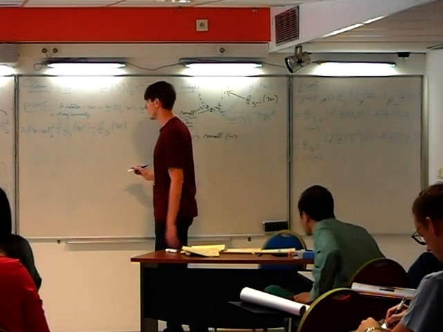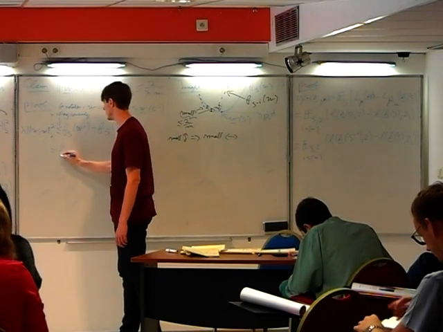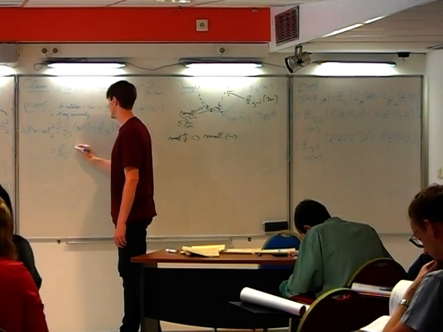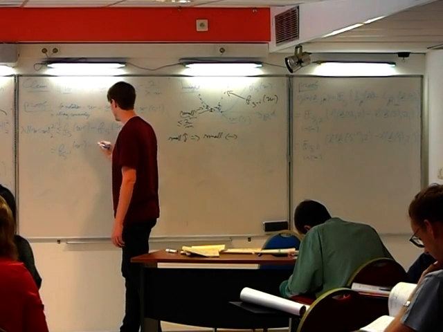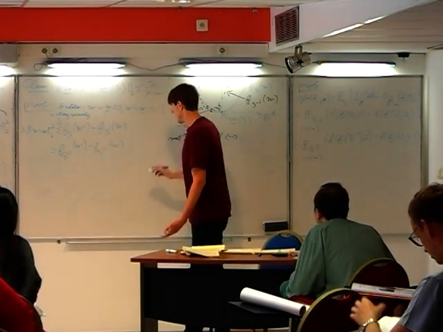On the other hand, what is this? It's equal to Fs minus I of W prime minus Fs minus I of W, plus something.